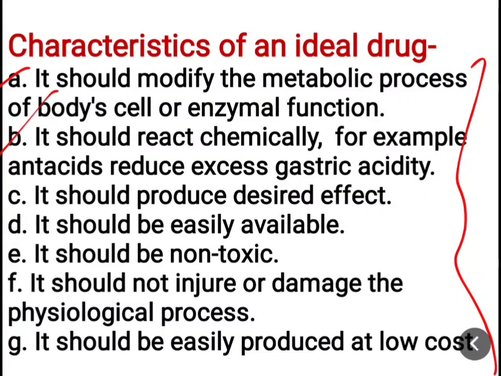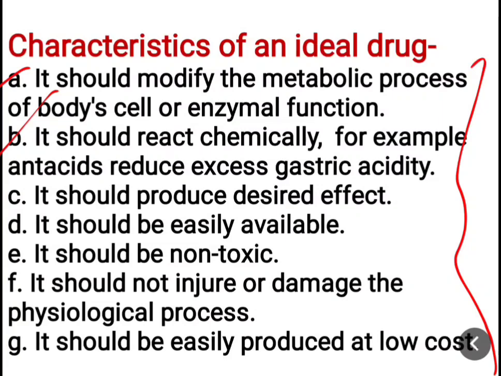When we take a drug for a purpose, it should react chemically. For example, antacids are used to reduce excess gastric acidity. When we suffer from gastric acidity, we take an antacid, and these antacids cure the excess gastric acidity. This is an example of a drug reacting chemically.